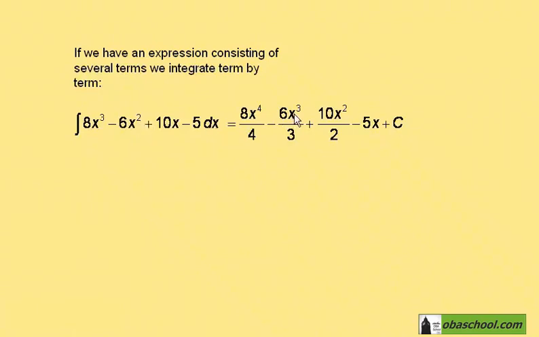The 6x squared, increase the power, divide by the new power. This is 10x to the power 1, increase the power to 2, and divide by the new power. And of course the number 5, as previously discussed, becomes 5x. Tidying this gives us 2x to the power 4 minus 2x cubed plus 5x squared minus 5x plus a constant.